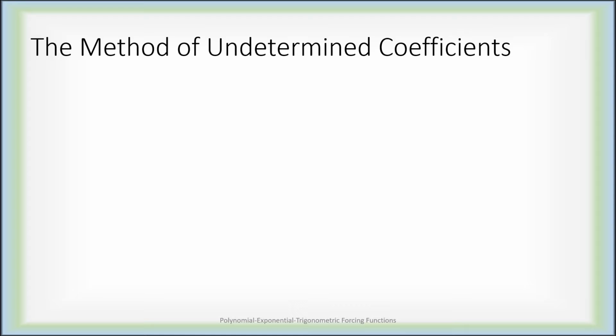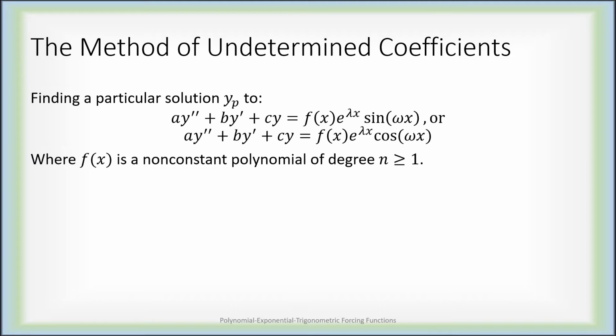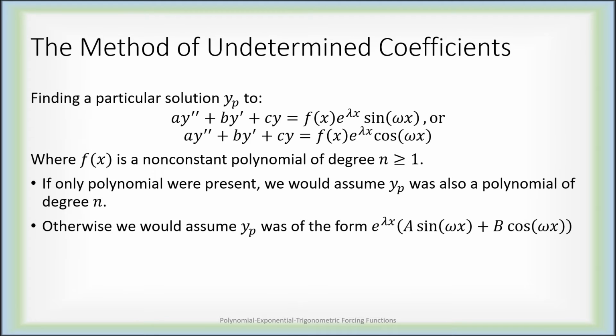We're going to use something known as the method of undetermined coefficients. So finding a particular solution to an equation like this, or the same thing with cosines, where f(x) is a non-constant polynomial of a given degree. If only the polynomial is present, you would assume y_p is also a polynomial of that degree.